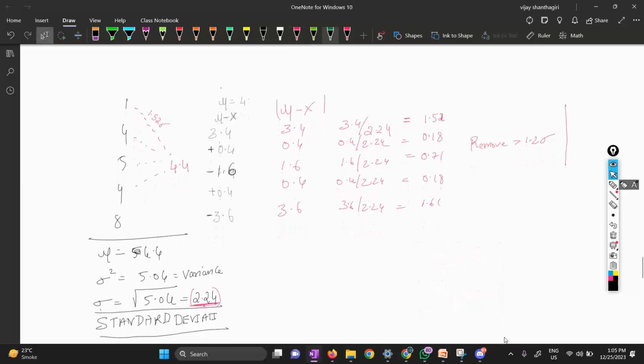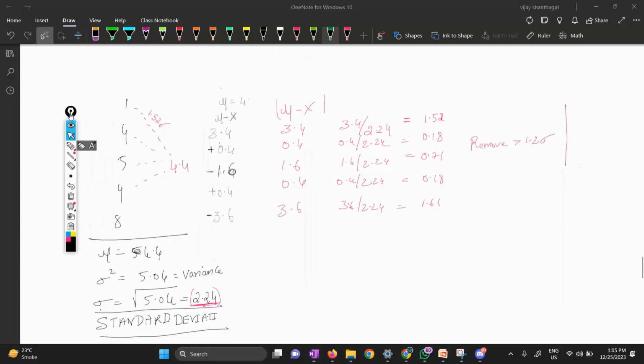Manjunath, what will I be left with here? If I remove everything above 1.2, tell me, which number will I be left with? I'll remove this and I'll remove this. No, this is 1.61 sigma.